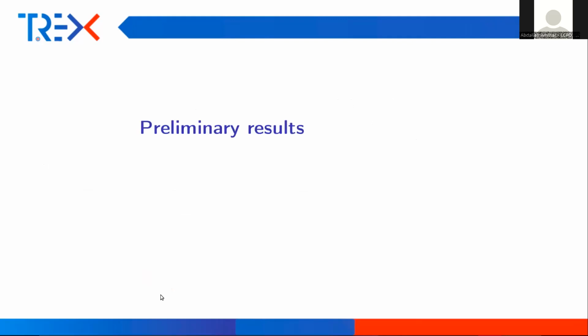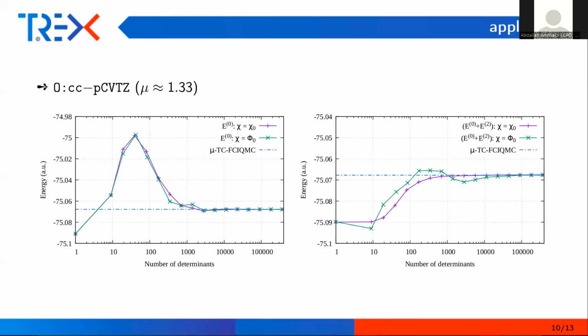Okay, now a few results. As a first application, we consider the oxygen atom in the valence triple zeta basis.